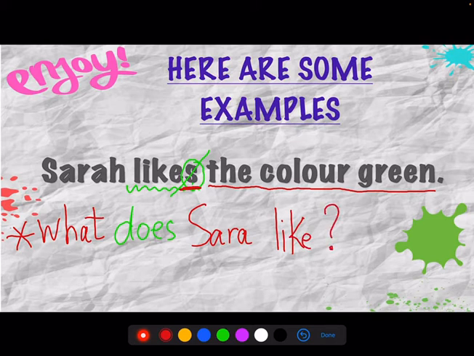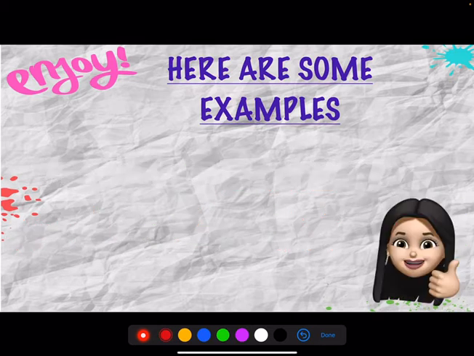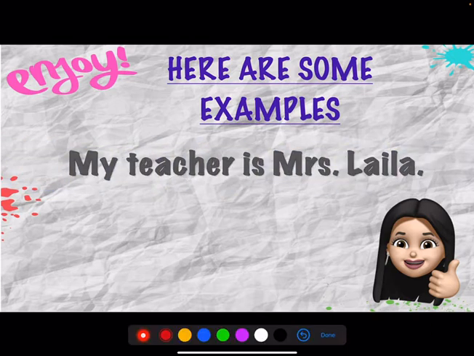And question mark. Okay, so here you ask your question using a WH word and changing what is necessary. Now let's see this example. My teacher is Miss Layla. Now let's choose the correct WH word for this sentence.